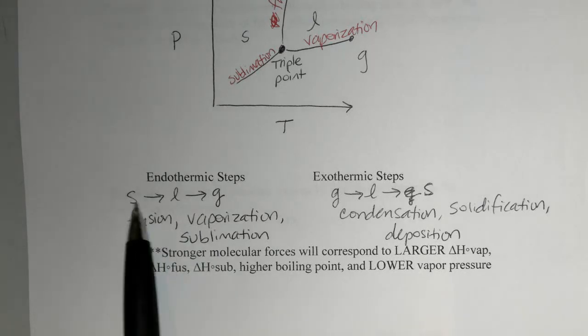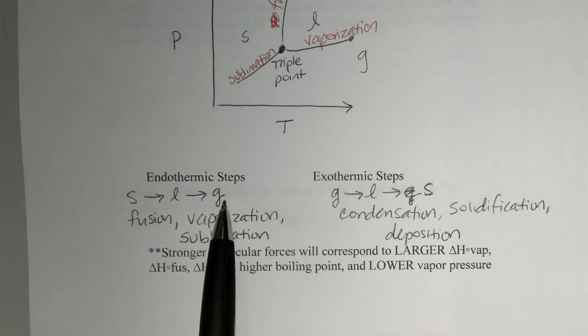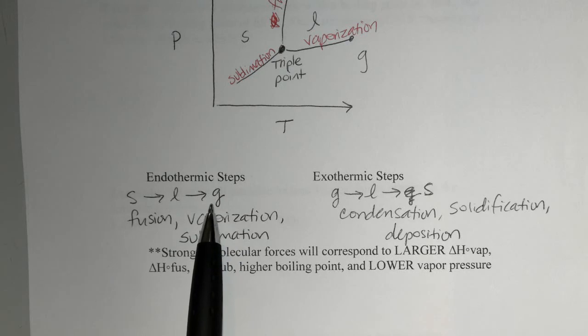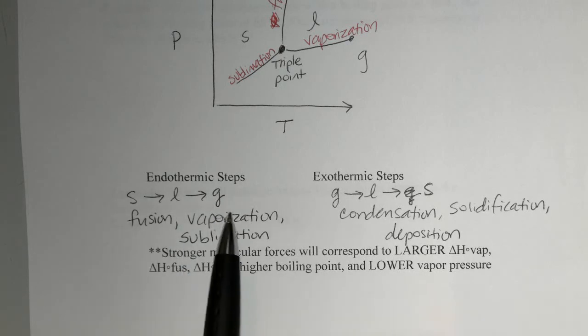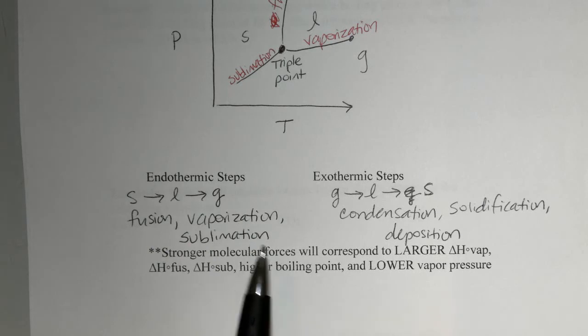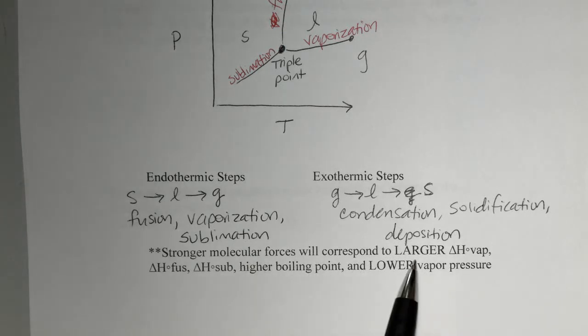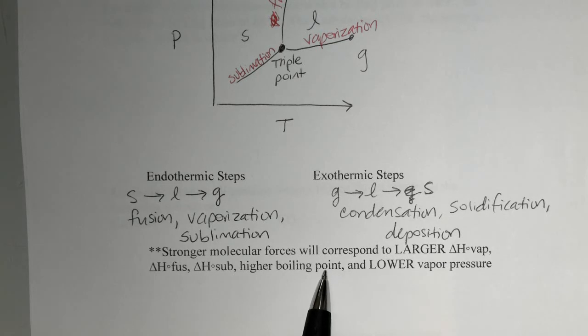So for all of the endothermic steps, the higher the intermolecular forces are with those molecules, the higher the energy requirement will be to go through fusion, vaporization, or sublimation. So stronger intermolecular forces correspond to a larger heat of vaporization, a larger heat of fusion, or a larger heat of sublimation, higher boiling point, higher melting point, and then lower vapor pressure.